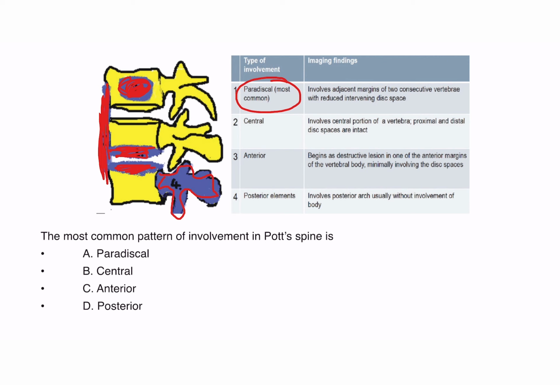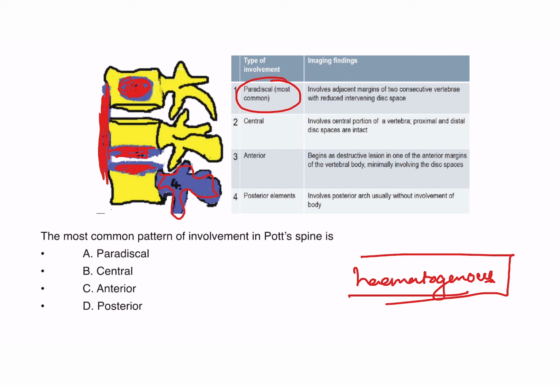Among these, paradiscal is the most common type. Why? You all know the spread of infection to the vertebral body is through the hematogenous route, right? And how is the vascular anatomy of the vertebra distributed? A blood vessel comes like that and supplies two adjacent vertebrae at the same time.